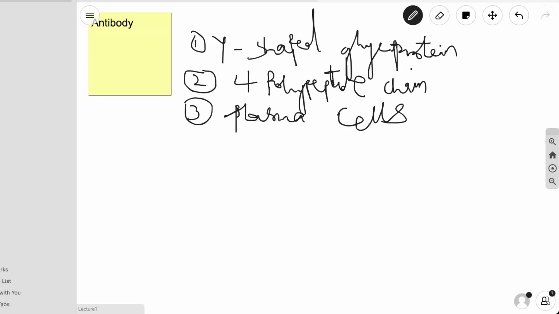We already noticed that antibodies are Y-shaped glycoprotein polypeptide chains secreted by the plasma cells.